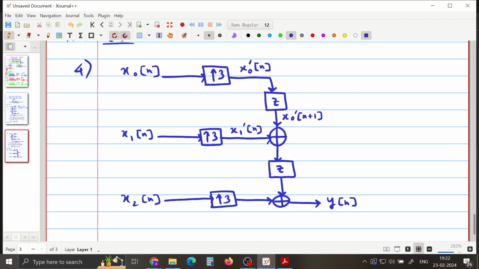These two are getting added together. So what are you getting at the output of this adder? This is x1 prime of n plus x naught prime of n plus 1.